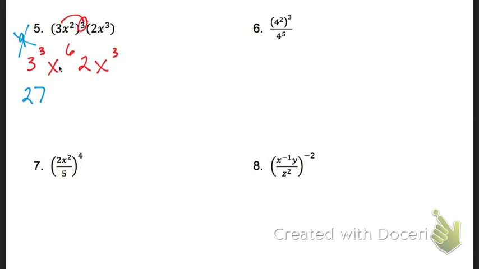Then I'm going to combine the like terms. So if I have x to the 6th and x to the 3rd, they are side by side. What do I do with side by side? Add. So x to the 9th, and then I have this times 2. I could have done that all in one step, but I did not. So 27 times 2 is what? 54 x to the 9th.